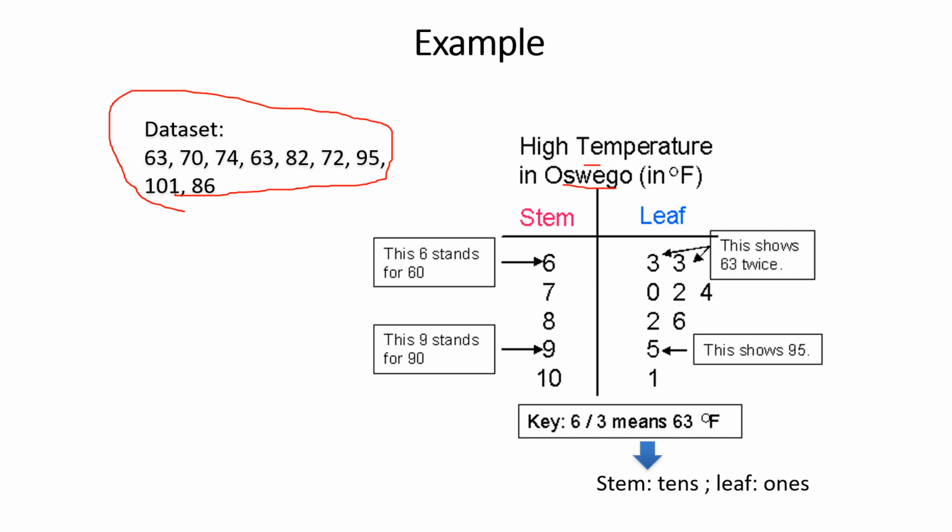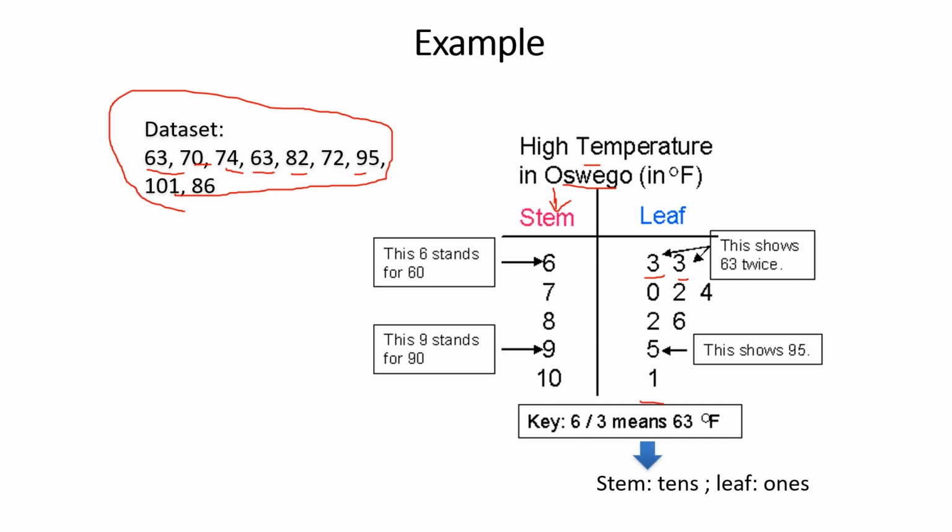So you make the stem here. The first value in here is 63, so the leaf is the second digit. So this is 3 and 3. Then 70, 74, 72 is 7 with leaves 0, 2, 4. Similar with 8 and the others. 10 represents only 1.